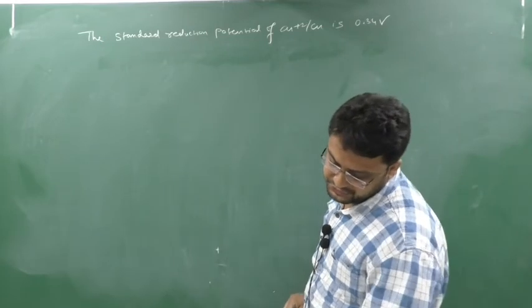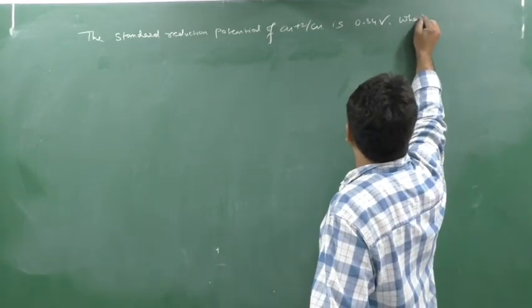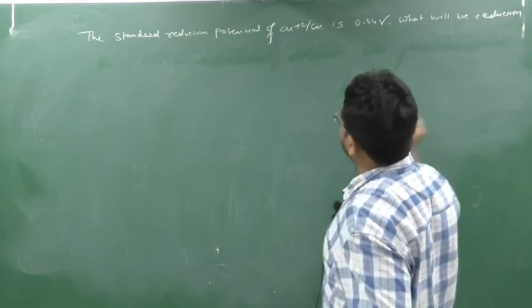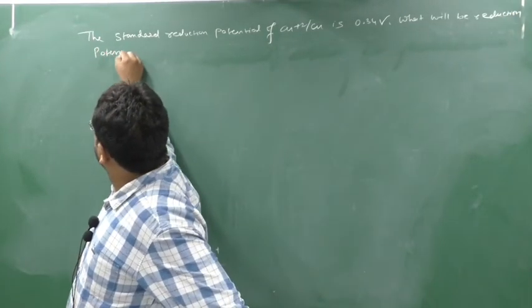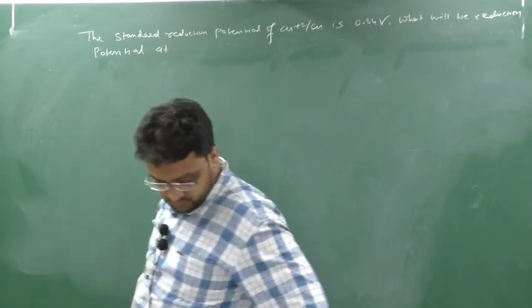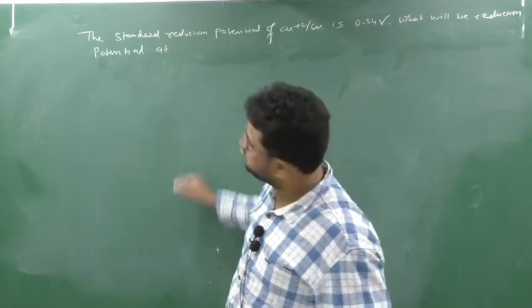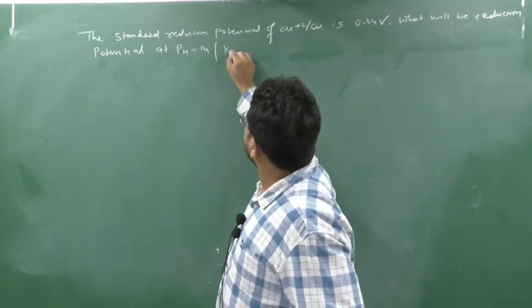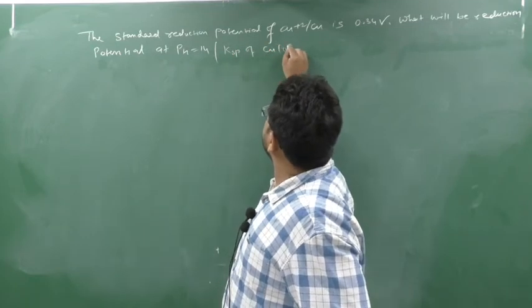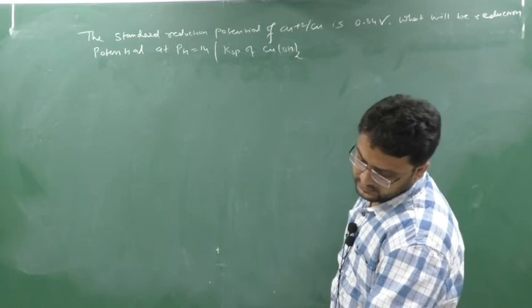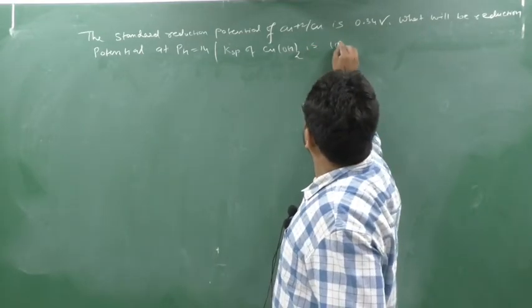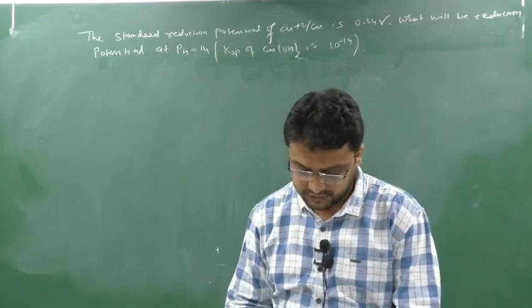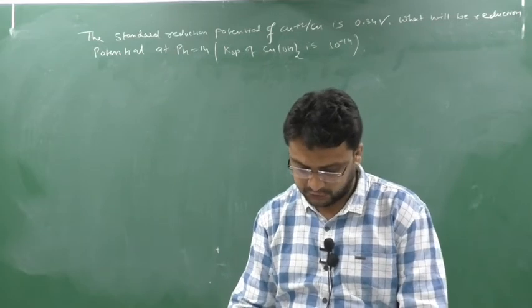What will be the reduction potential at pH equal to 14? Ksp of Cu(OH)2 is 10 to the power minus 19. This much they have given. Clear? Chalo.